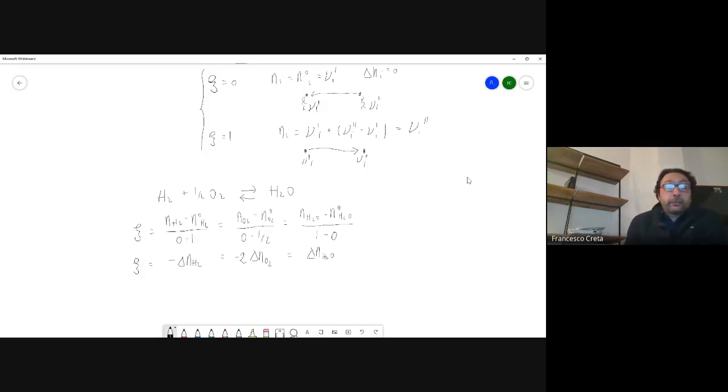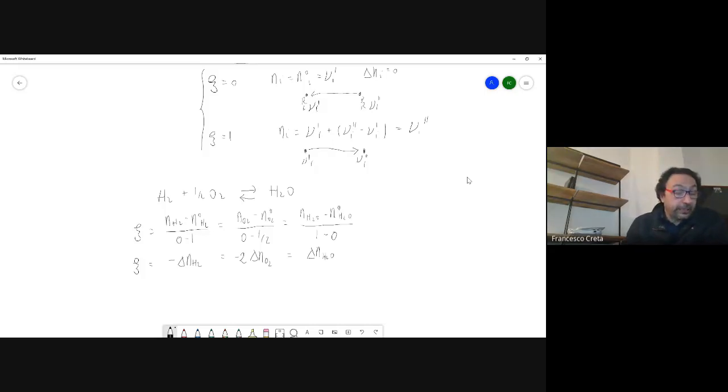So let me tell you what's going on here. You see essentially that as Xi is increasing, because of these minus signs, the variation of the number of moles of reactants is, first of all, opposite to the variation of the number of moles of the products, clearly.